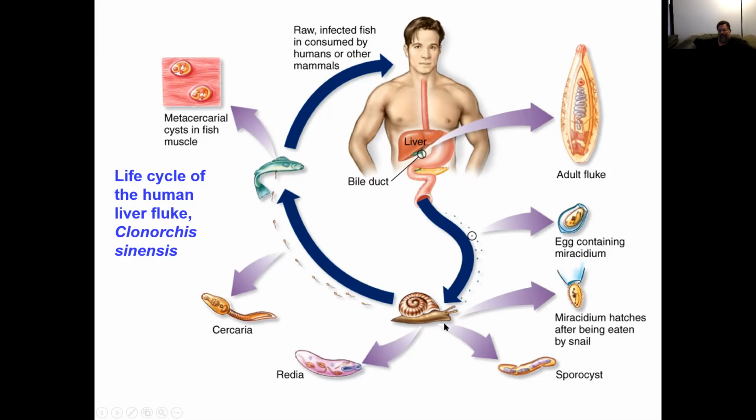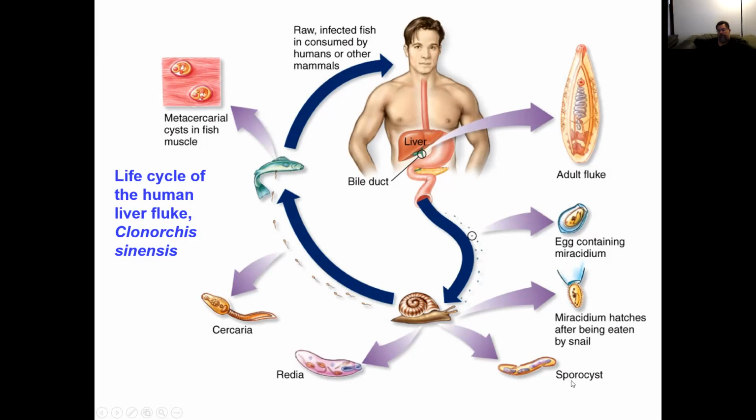A snail will eat the eggs, and then the eggs will break open inside the snail. The first stage is known as a miracidium that hatches after being eaten by a snail.